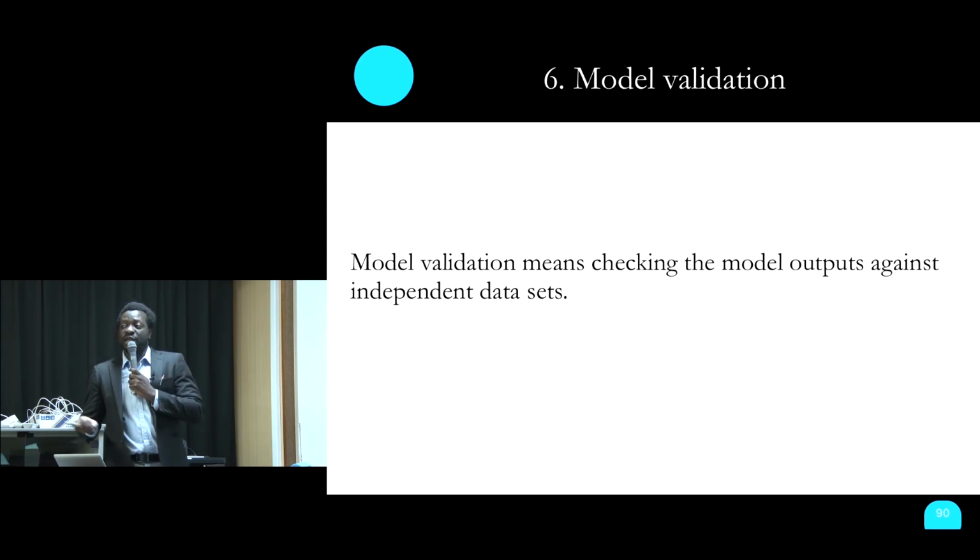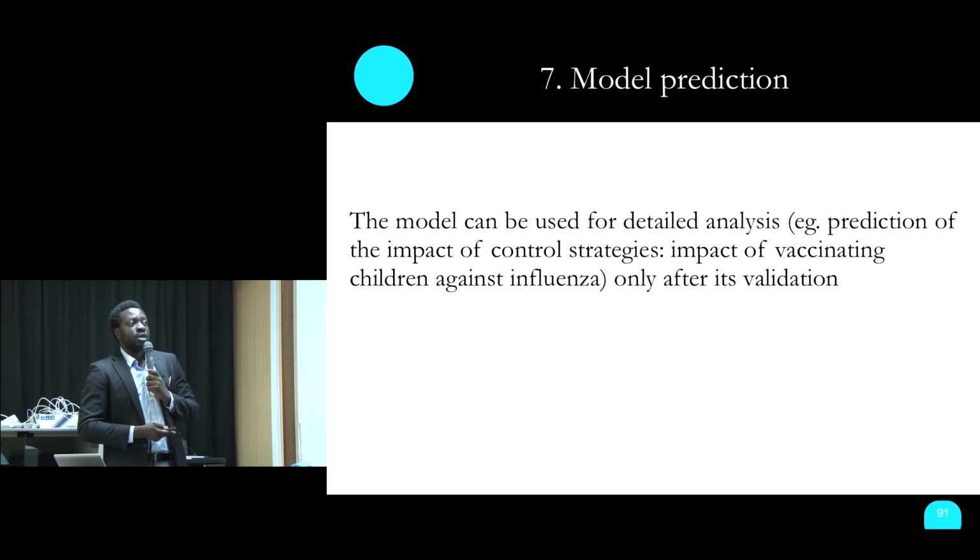As I said, model validation is the stage where you compare the results of your model with other models that are looking at the same thing. And then you can use your model for prediction, to see how many people change in each of the boxes: infectious, susceptible, and immune.